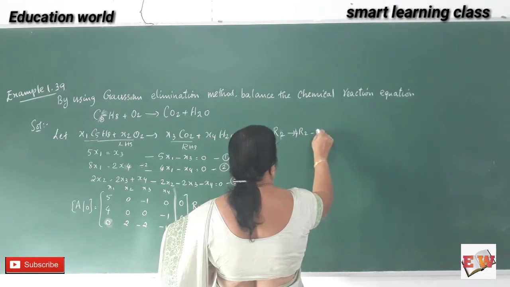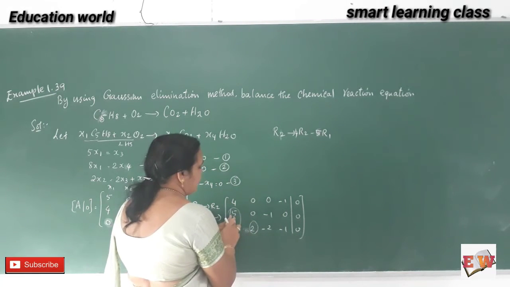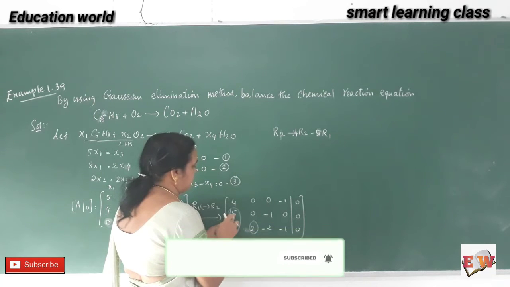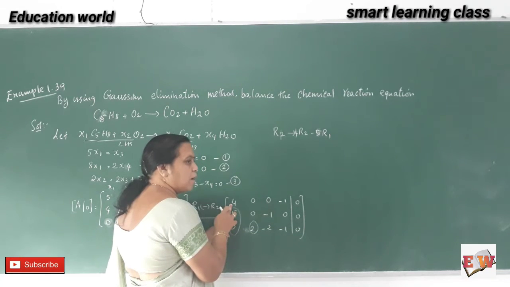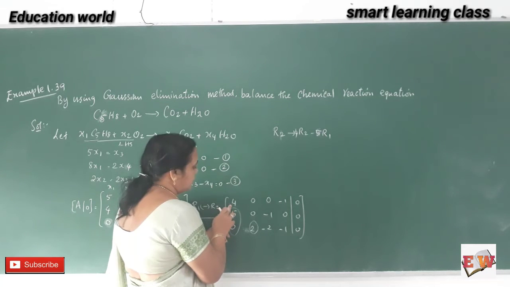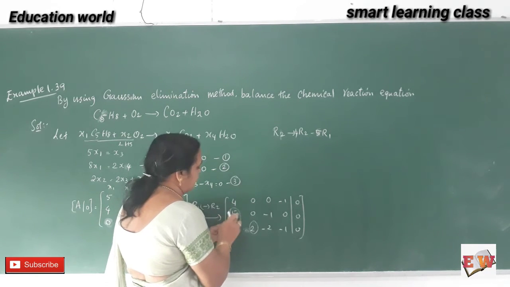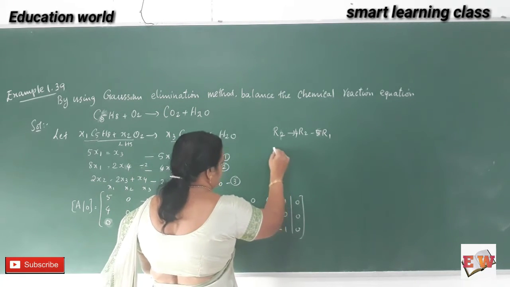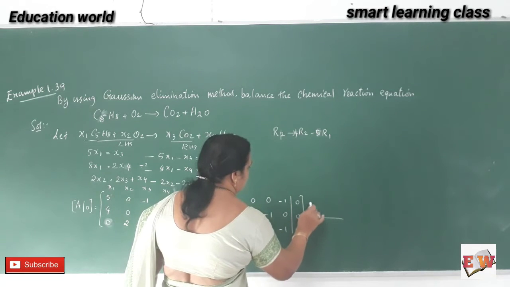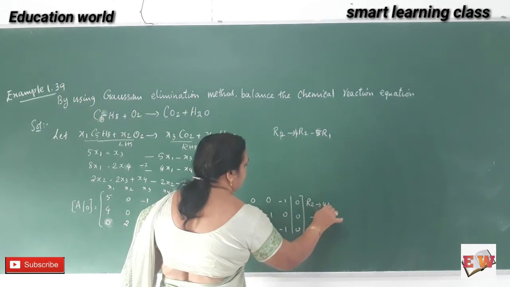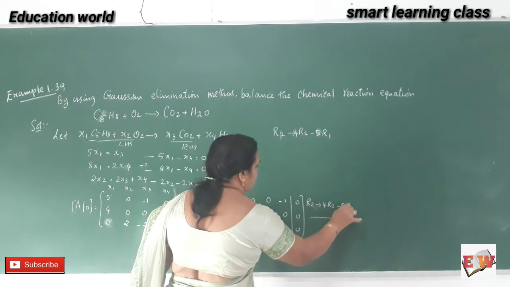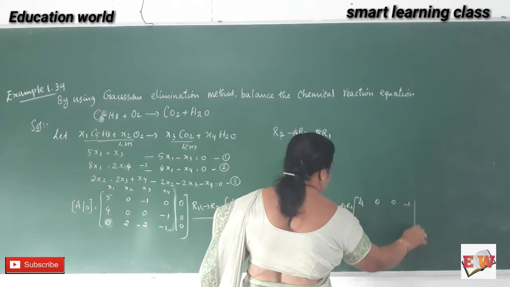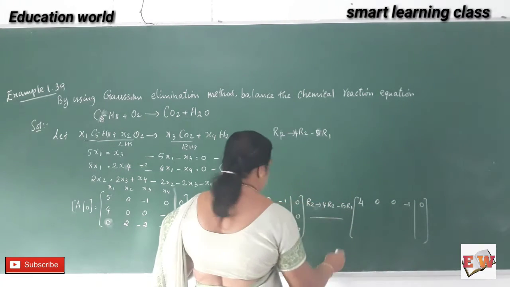So what I am going to do, now I am going to change R2 to 4R2 minus 5R1. Why? Because I am going to multiply this R2 by 4, means 20 will come here. I am going to multiply R1 by 5, means here also 20 will come. So 20 minus 20, here it will be 0. 0 minus 0, 0. So R2 becomes 4R2 minus 5R1: 4, 0, 0, minus 1, 0, 0.